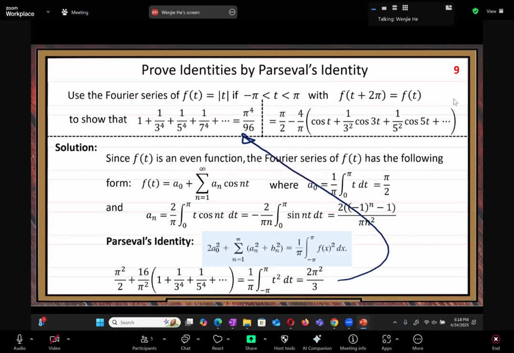This topic. Now let me move to part E. Part E has many topics. In part D and part E, there is a lot of discussion about the discrete Fourier transform.